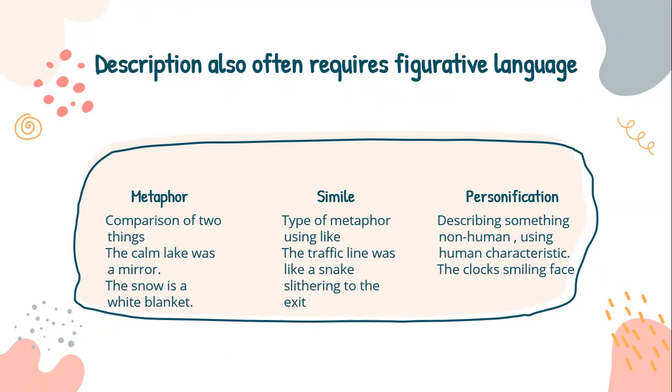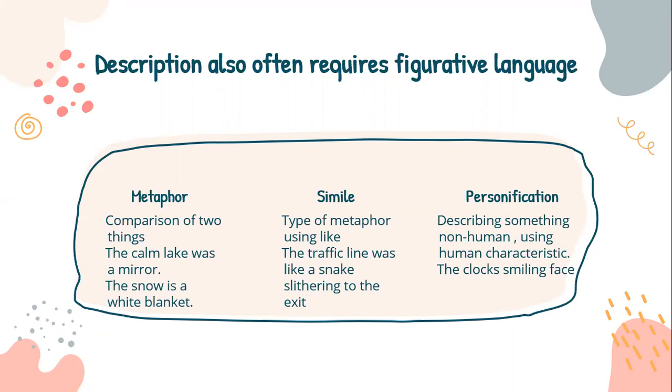Or you can have something like, the rain is falling like cats and dogs. Over here, you're using a simile. Watching the show was like watching grass grow. That means it was so slow. Understood? So whenever you use like, you're using simile.